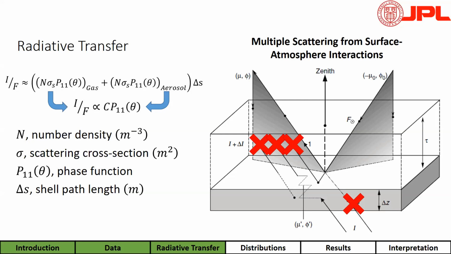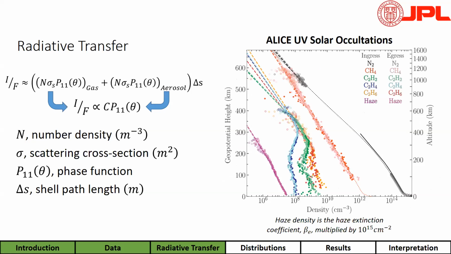The second way that we're able to limit this radiative transfer equation is by removing the gaseous component. So what I have here is a figure of the UV solar occultations taken by the ALICE instrument on the New Horizons spacecraft. And what you can see is the amount of gaseous components and haze in the atmosphere. Well, the dominant gaseous components are nitrogen and methane.